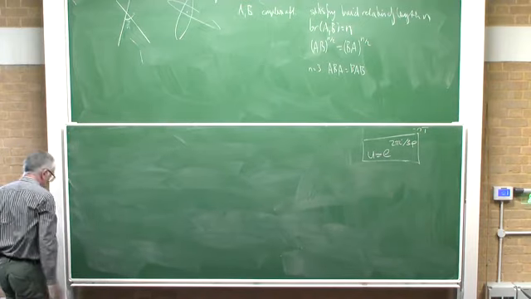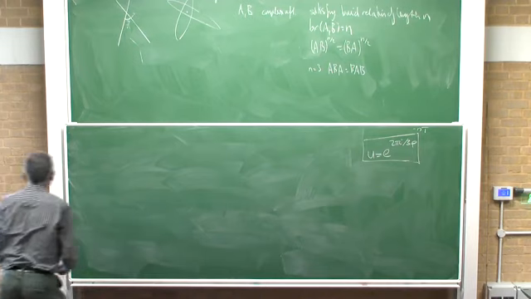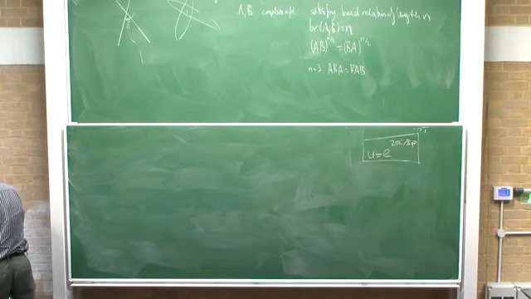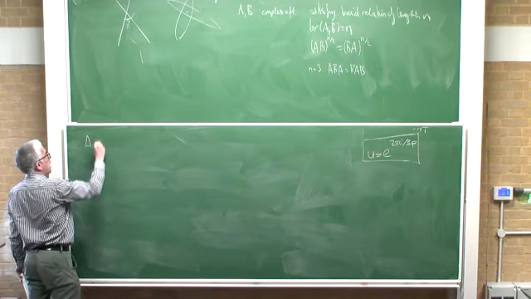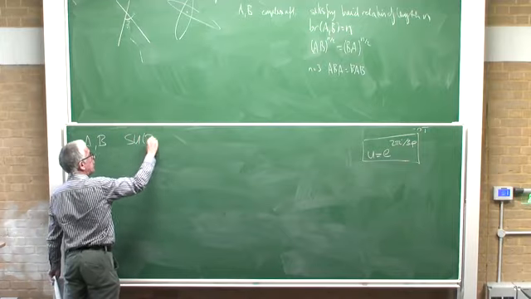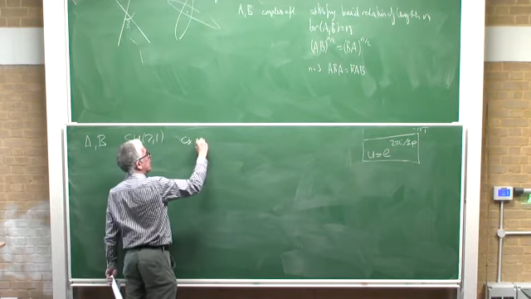Okay, so if I've got A and B, I'm going to think of these in SU(2,1) for a moment, and they're going to be complex reflections.